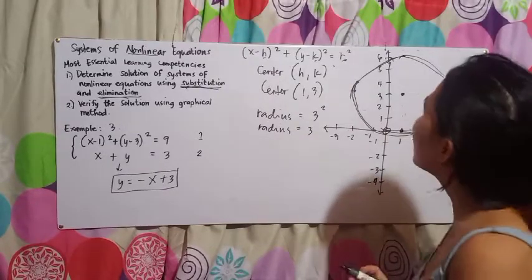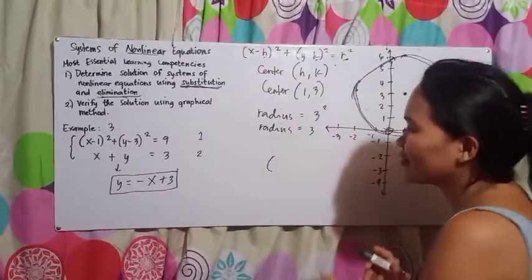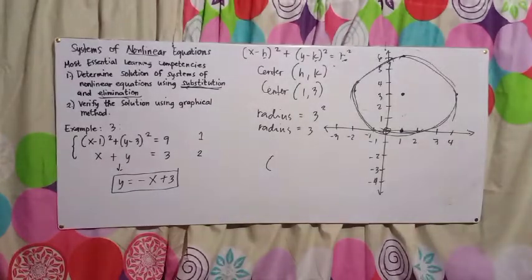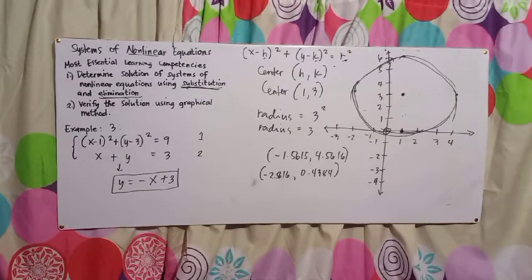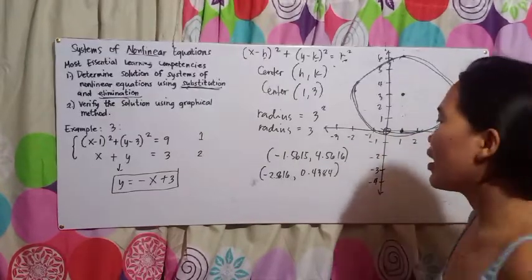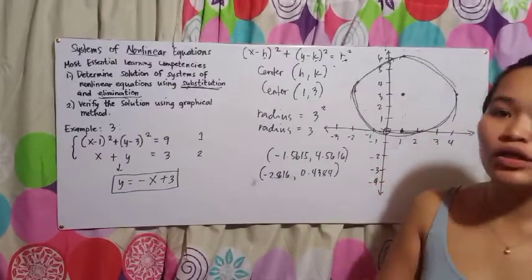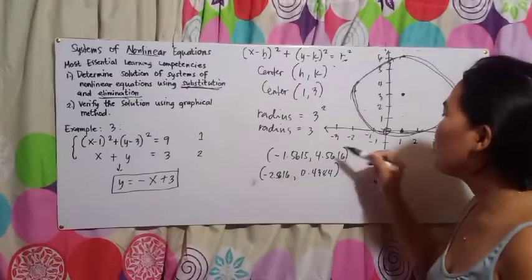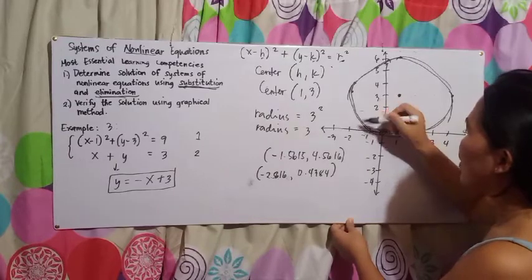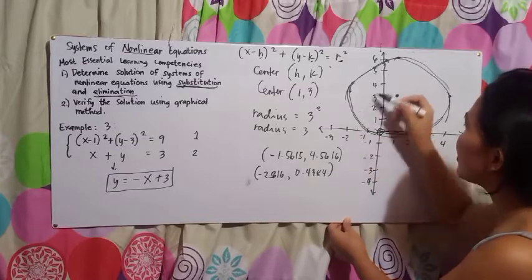Then, ang na-solve nato kaganina, mao ni ang ordered pair. So, ang isa, negative 1.5615. Atong tantsahon, possible ang negative 1.5615 diri, in between sa negative 1 ug negative 2. Then, ang 4.5615, mga diri.